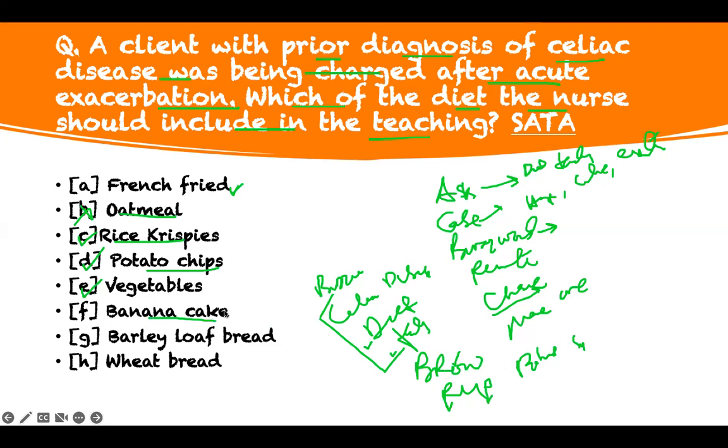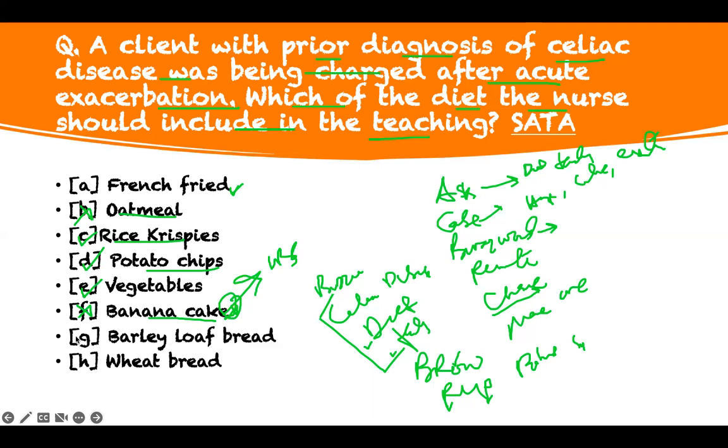But what does banana do? If you look at IBS, banana people, they hate. It's not good for them because it's gas forming. So that's how they can confuse you. IBS people cannot eat banana, but celiac people can eat it.